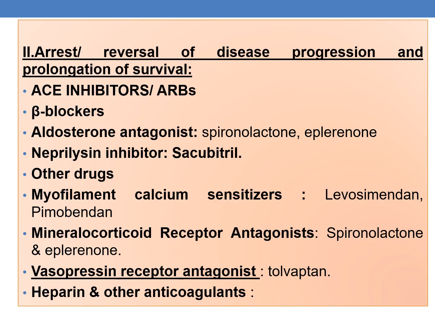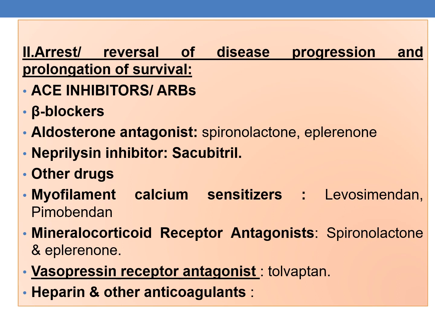Whenever the therapeutic principle is to arrest or reverse disease progression and prolong survival, the drugs used are ACE inhibitors or angiotensin receptor blockers, beta blockers, and aldosterone antagonists such as spironolactone and eplerenone.